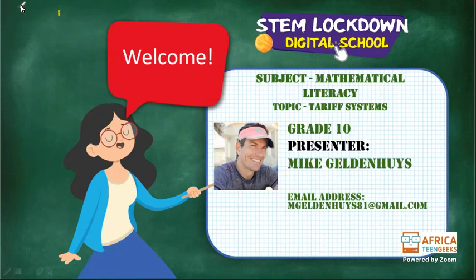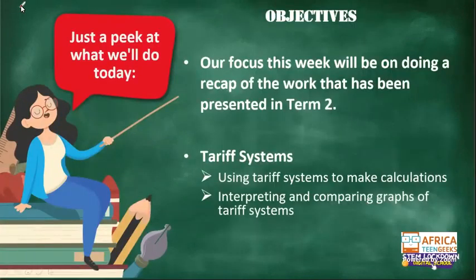Okay, so let's quickly have a peek at what we'll do today. I just want to repeat again, our focus this week has been a recap of term 2. So all the things that you've done during term 2, we kind of ran through doing a bit of a recap of everything that we've been doing.